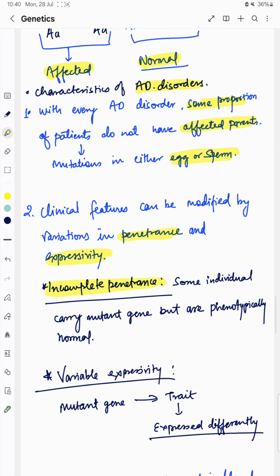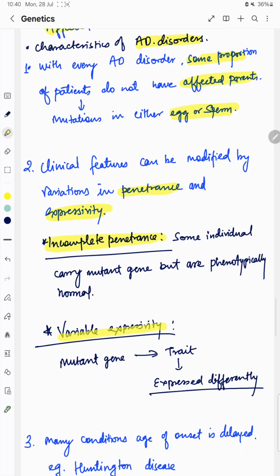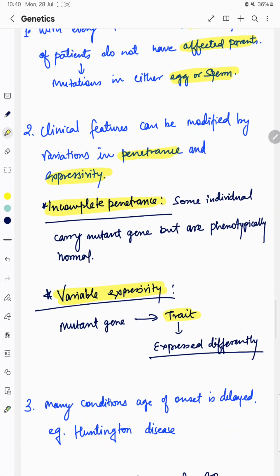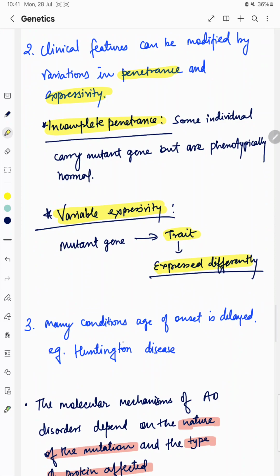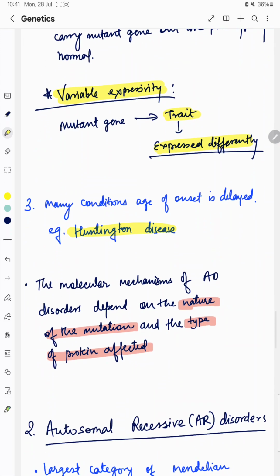Variable expressivity: the mutant gene in the trait form is expressed differently in various individuals. In many conditions the age of onset is delayed, like in Huntington's disease. The molecular mechanism of autosomal dominant disorders depends on the nature of the mutation and the type of protein affected.